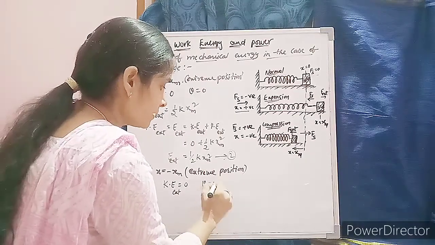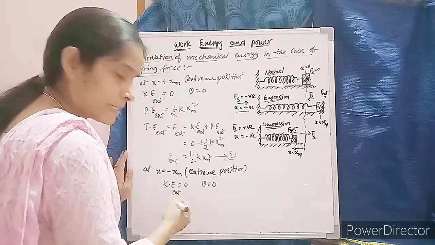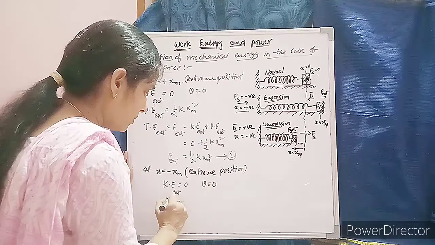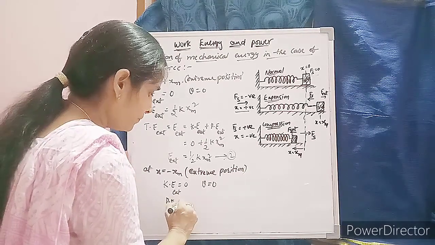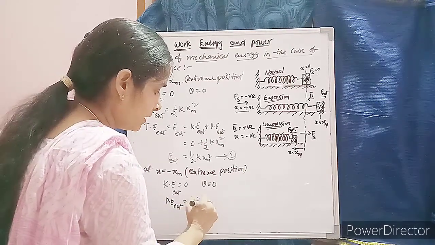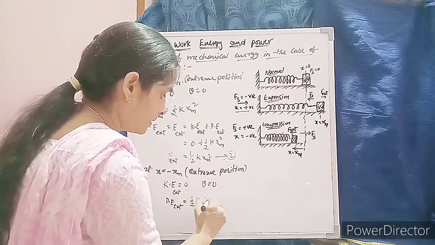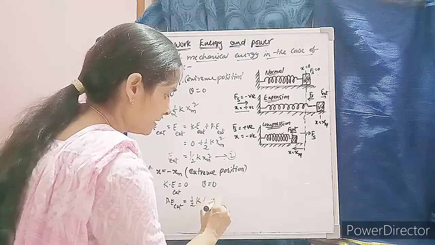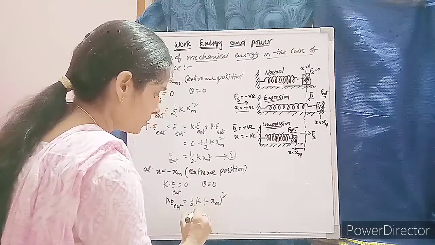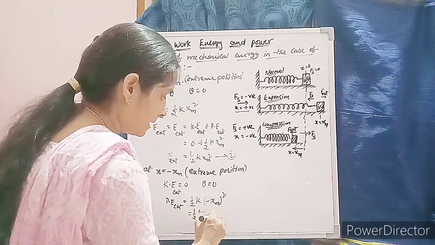At extreme position, velocity is equal to 0. So kinetic energy here is also 0 and potential energy here is half into k into the displacement minus xm whole square, that gives half into k xm square.